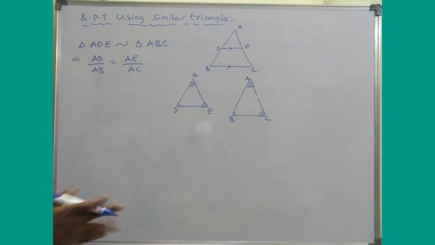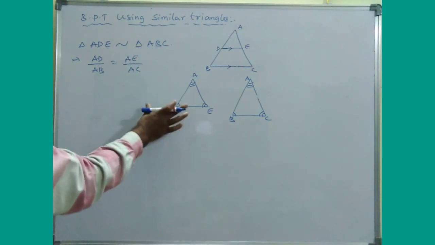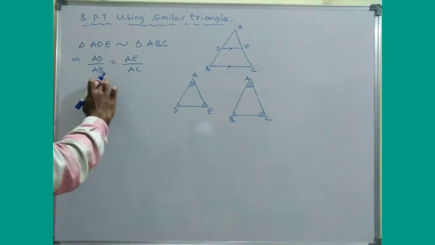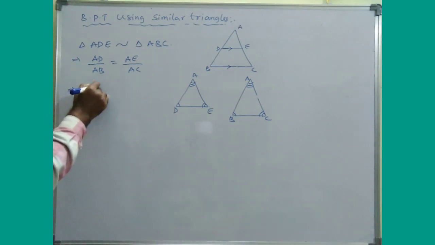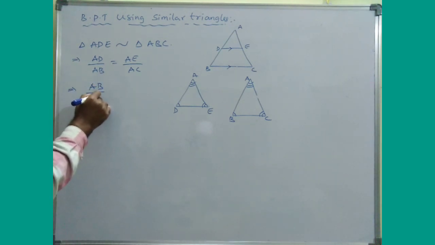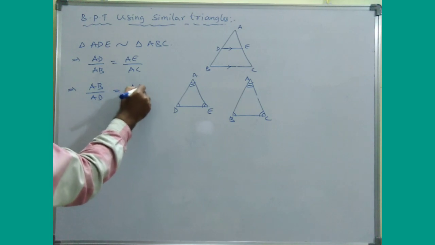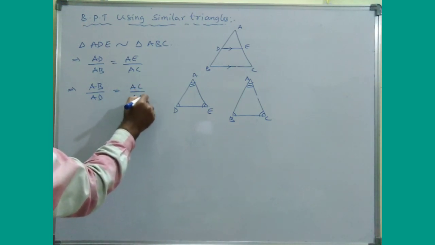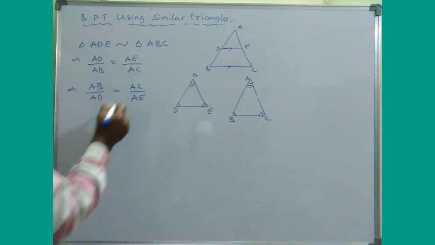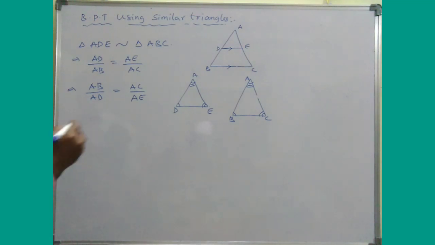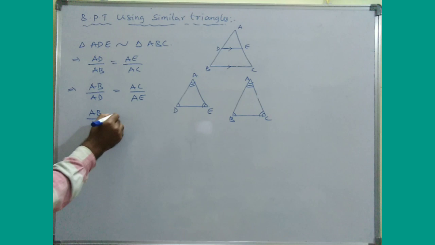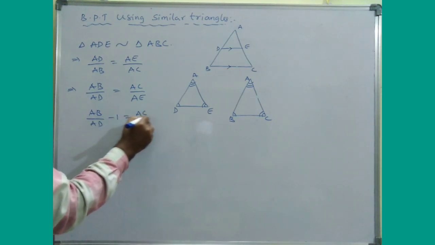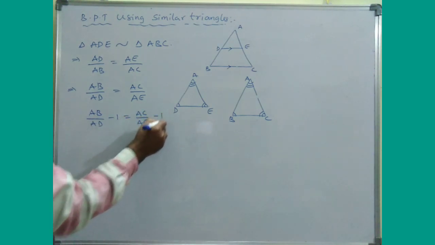Understood? So because these two triangles are similar, their corresponding sides are in the same ratio. Now let's take its reciprocal, AB by AD, which is equals to AC by AE. And now let us subtract 1 on both sides.